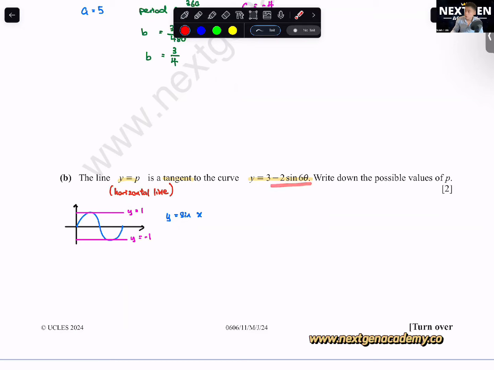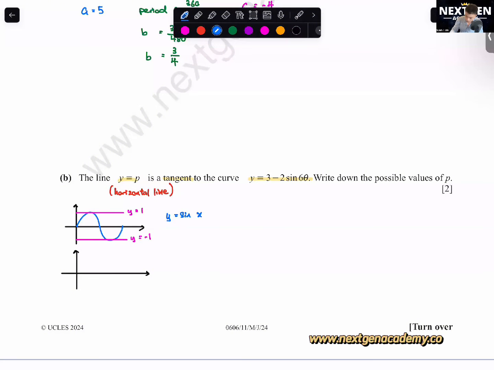So how to do this? Okay, number one, you do -2 sine 6 theta. The period won't affect the tangent, so we don't care about how many cycles. The only thing that matters is this amplitude and your vertical translation. So -2 sine theta, the teacher just roughly draws -2 sine.